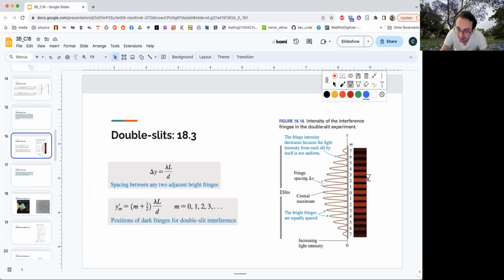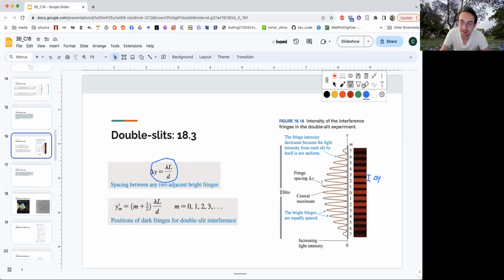So the spacing in between, like, bright spot 2 and 3, for example, we can call this delta y. And for any 2 bright spots that are adjacent to one another, that spacing will always be lambda L over d. And this is just coming from that previous equation, and considering the fact that m is always an integer, we have to have the same spacing between each pair of bright spots.